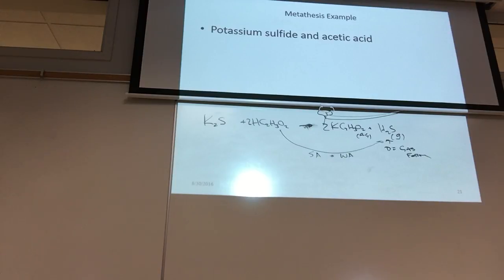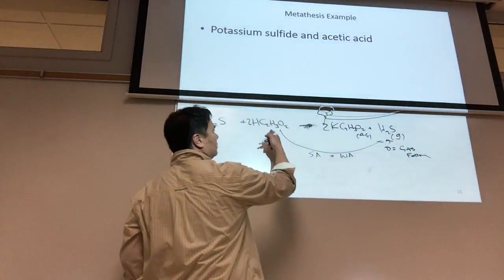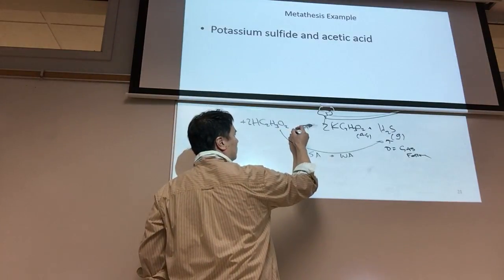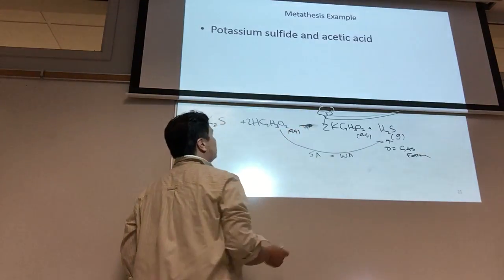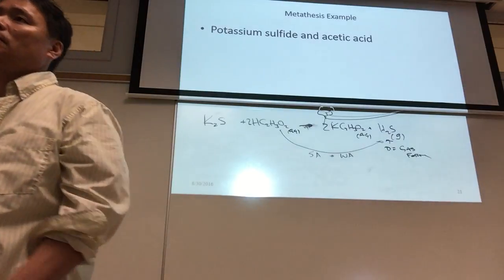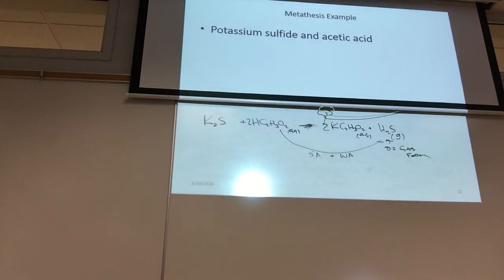So what makes that hard? Well, what is the state of acetic acid? Aqueous. What is the state of K2S? Potassium salts are all soluble. Group 1 and ammonium salts are all soluble. Potassium is group 1, so it should be aqueous.